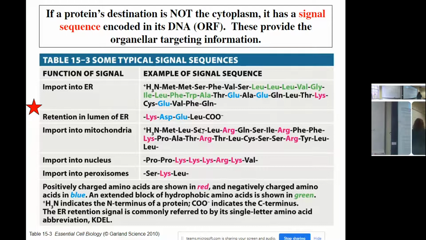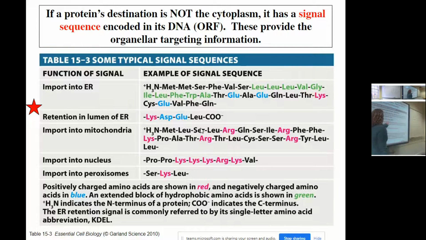There are also C-terminal tags. They're the last thing to be produced during translation. They come out last, the very ending thing.